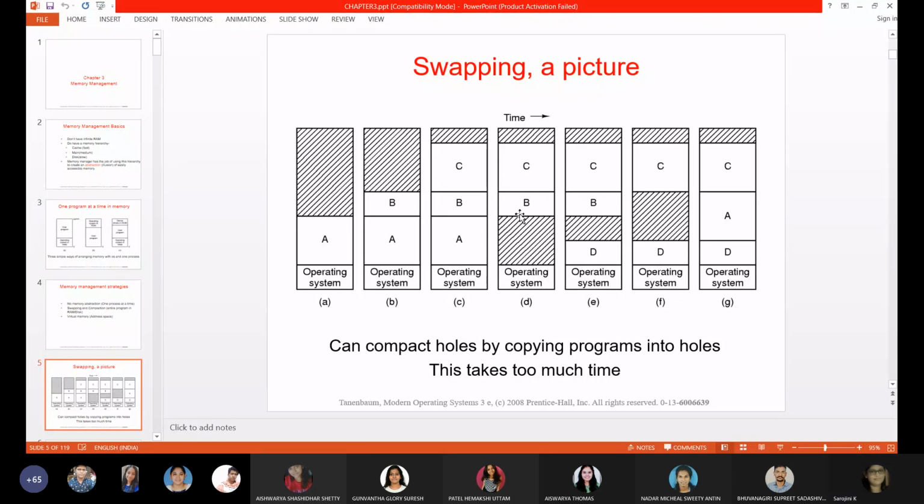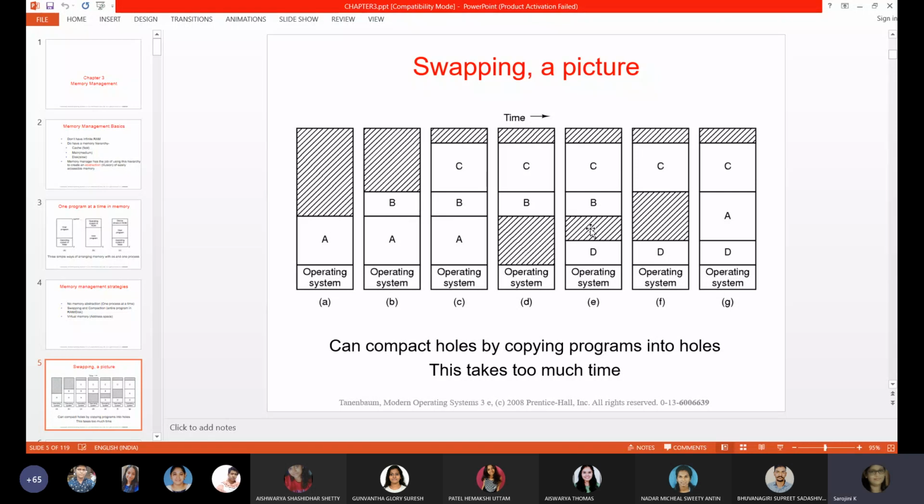So what is the disadvantage here? Many free spaces would be here and there. Assume this is 10 bytes and this is 20 bytes. A new process of 25 bytes comes.